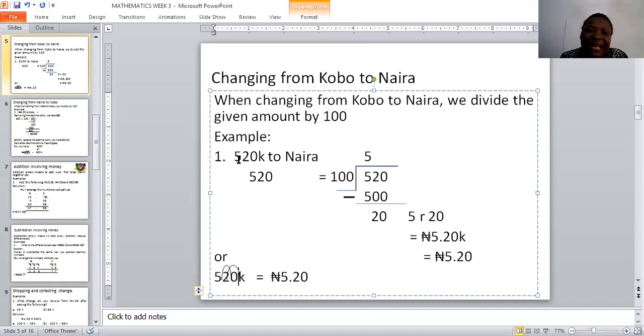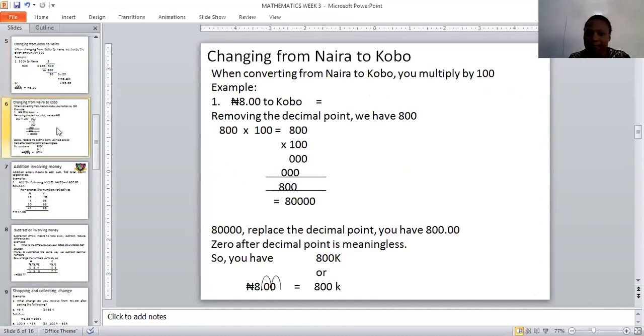You shift the decimal point 2 times. Can you see the way we are shifting it? 1, 2. So the decimal point will be between 5 and 2. So you have 5 naira 20 kobo. Now let's try to convert from naira to kobo.